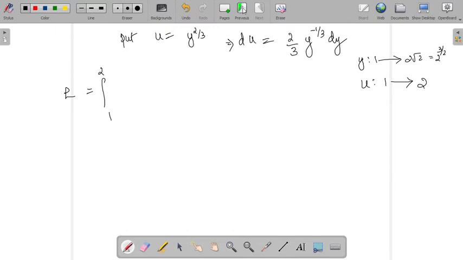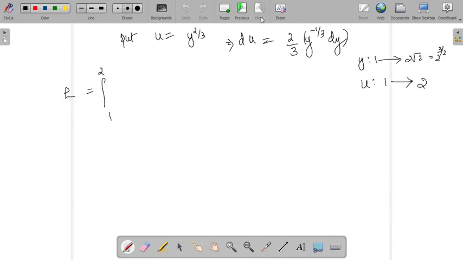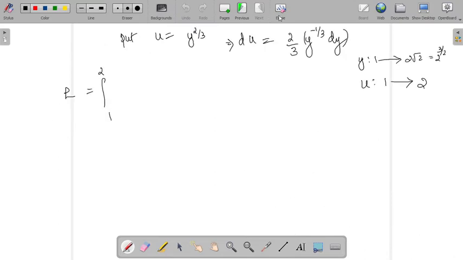Now in our integral we have y raised to minus 1 by 3 dy. So that can be replaced by 3 by 2 du.